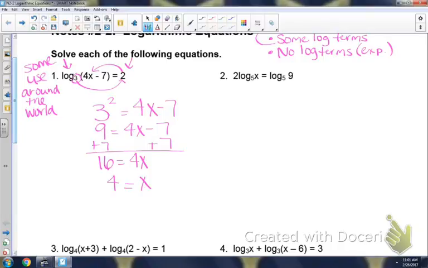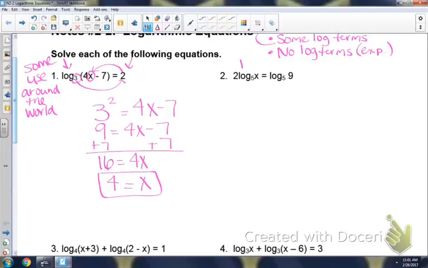Those are the cases where we don't want our m term to be a negative. So once you have found your x, plug it back in. 4 times 4 is 16 minus 7. When you plug it back in, make sure that it gives you a positive there. That's really all you have to check for, is just making sure that it doesn't give you a negative in that spot. Okay?